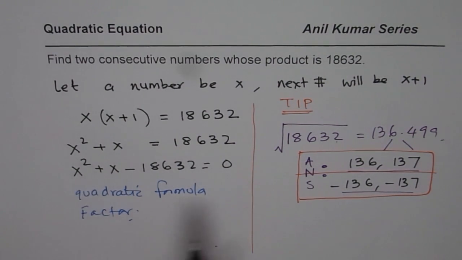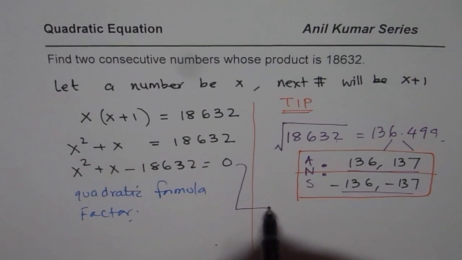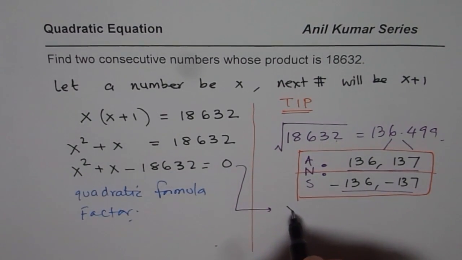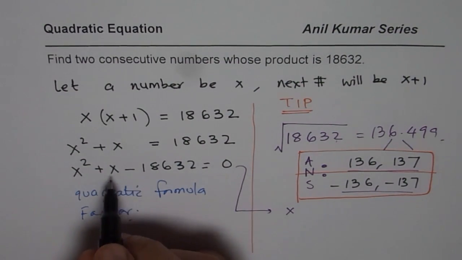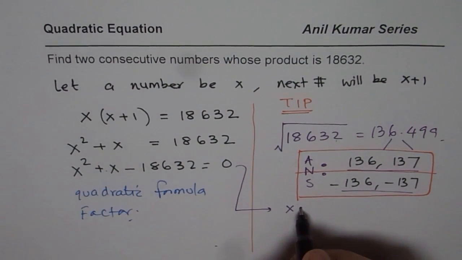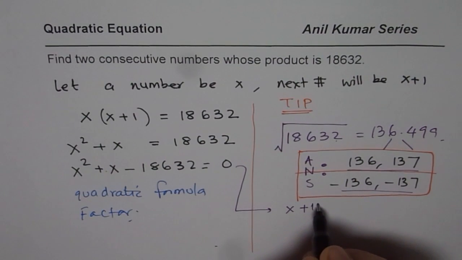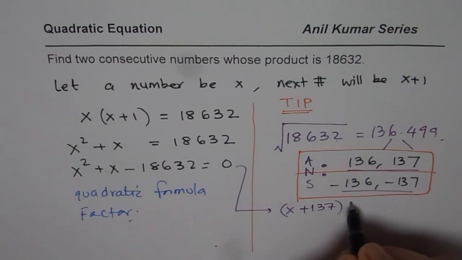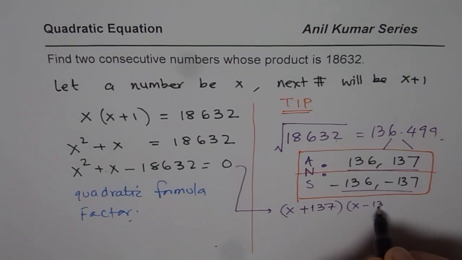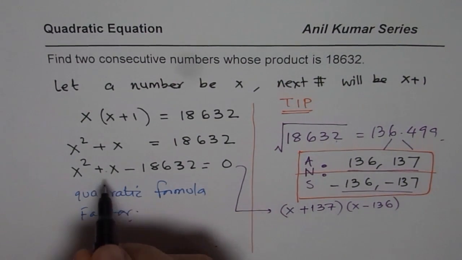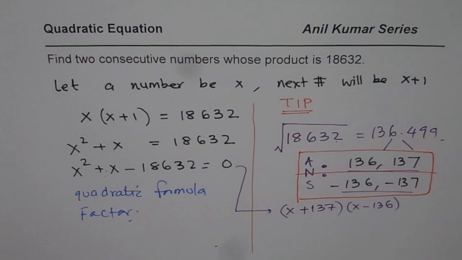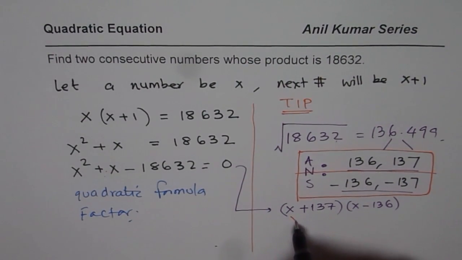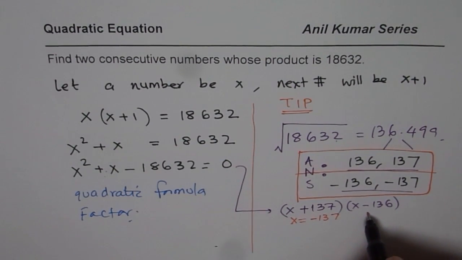So when you factor this term, since this is positive, the bigger number you will write as plus 137 and the smaller will be minus 136, because when you add them you have to get plus 1. So this gives you two answers, right? So one solution is x equals to minus 137, the other one is x equals to plus 136.